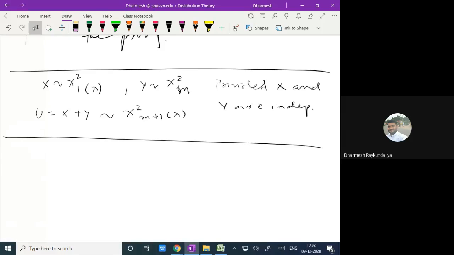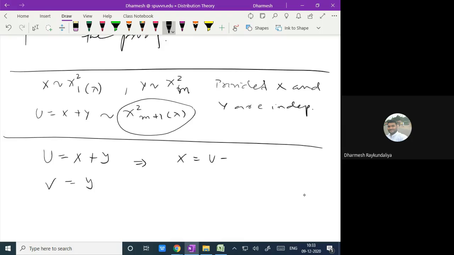When I told you that you have to solve this example, we used the polar transformation method to prove this property. And I told you to use the Jacobian approach, by considering u equal to x plus y and v equal to y, which implies x equal to u minus v and y equal to v.